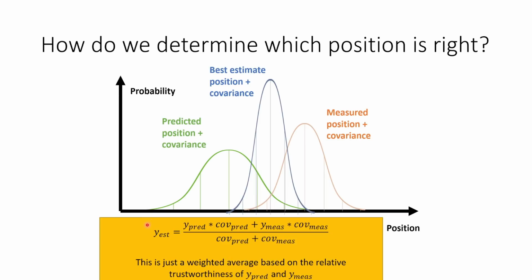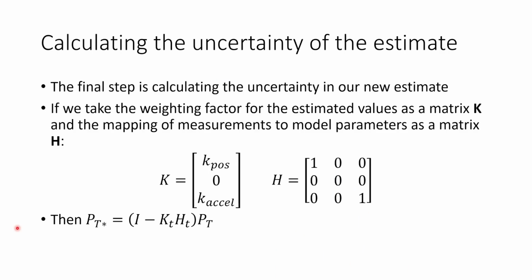And it turns out that this is just a weighted average based on the relative trustworthiness of the predicted position and the measured position. That gives us our best estimate for the position that's going to be used in the Kalman filter. So now that we have our new estimate of position, speed, and acceleration, that's a combination of the measurements and of our prediction.